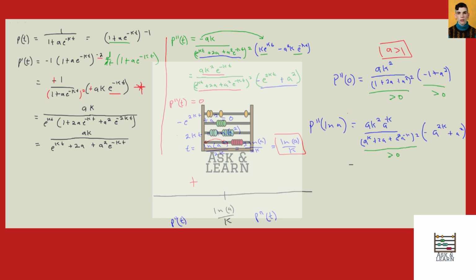So then this here has to be less than 0, because we'd have minus a to something larger than 2 plus a squared. So this should be less than 0. So two things multiplied together, positive and negative, will give us negative. So that means the function is increasing, or the first derivative is increasing to this point and then decreasing after. So that shows that natural log of ak is going to be a max.